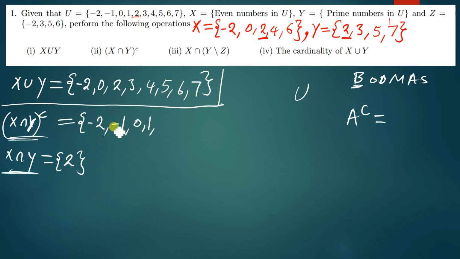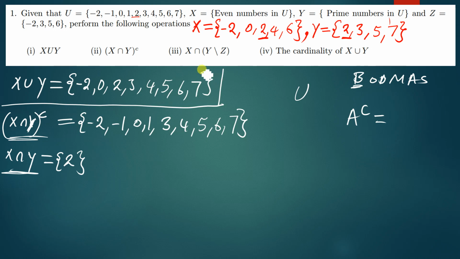So I'm going to skip 2 and then go to 3. There is 4, 5, 6 and 7. So this is what we have as our x intersection y complement.